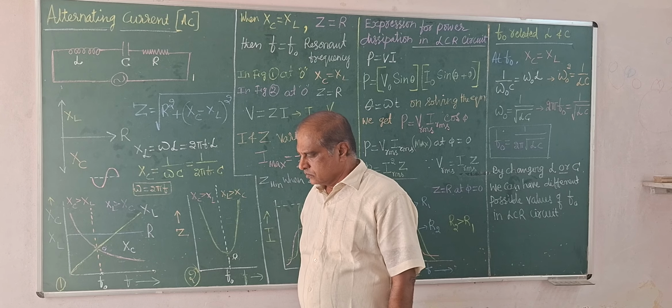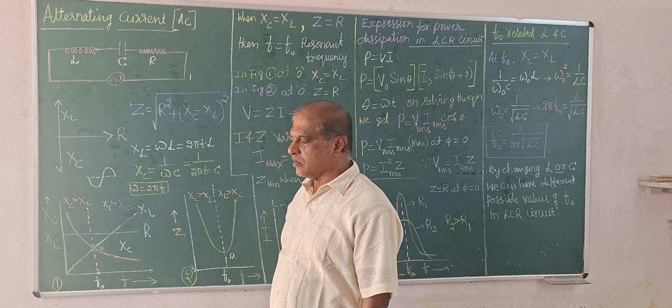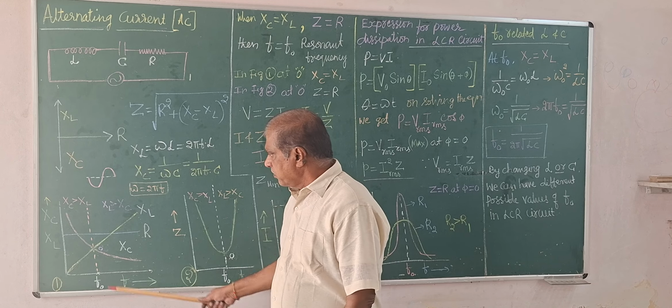Experimentally, we measured the values of Xc at different values of f, and we measured the values of XL of this component at different frequencies and drew the graph between them. We get this graphical representation. This is for Xc, this is for XL.